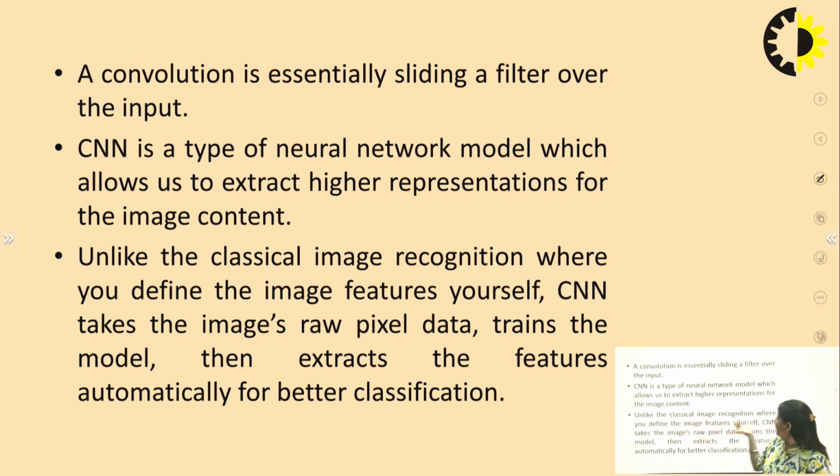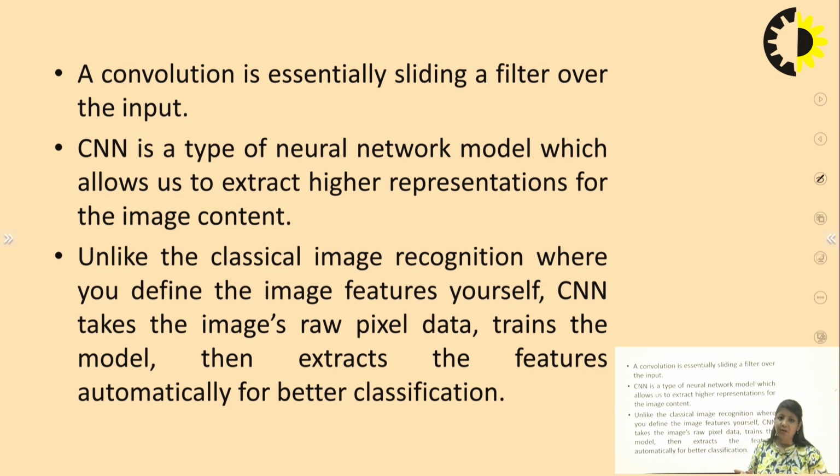Unlike classical image recognition, where you define the image features yourself, meaning manually defining the features as in previous years, now the machine automatically detects the features with the help of CNN.